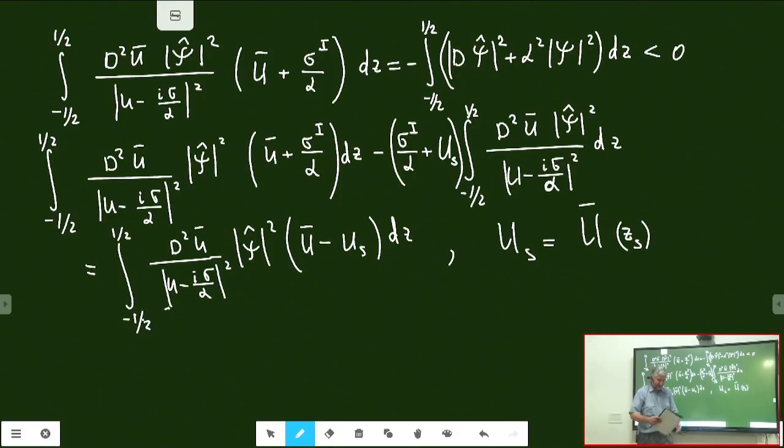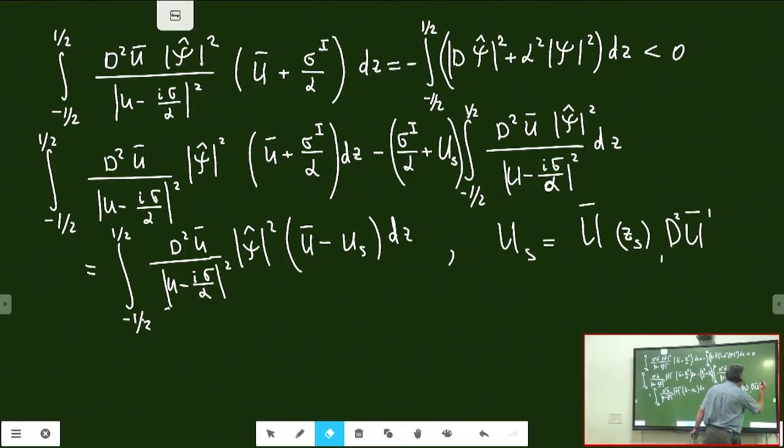So, all right, but I'm getting to where I want to be. And now I define z of s. Z of s is such that u bar double prime, or rather d squared u bar, at z of s is equal to 0.